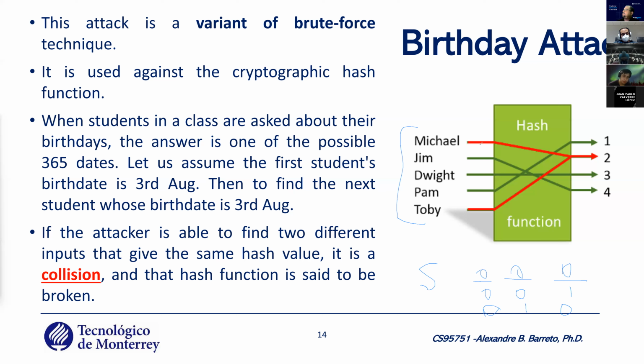But think that you have this problem here. 2 of these keys generate the same hash. In this case, you have 1, 2, 3, 4, 5, but you have only 4 different values. What does it mean? Only 2 bits of difference. Did you understand?